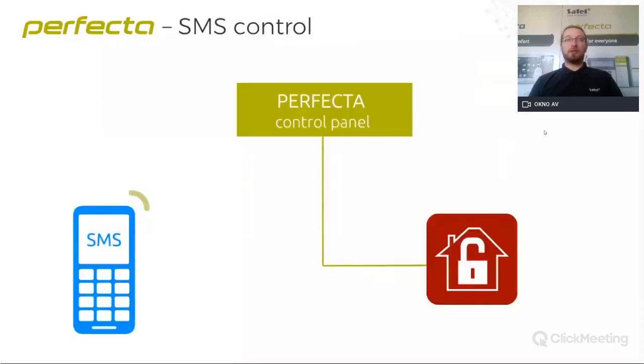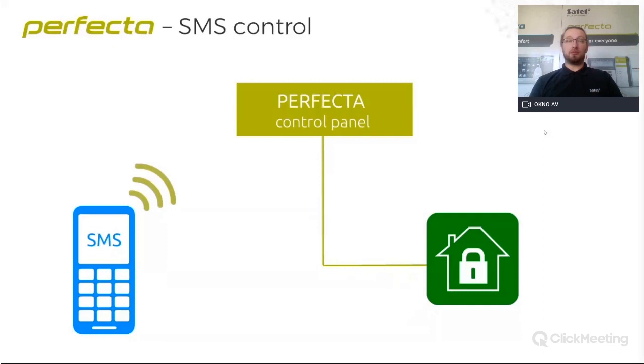Yep, I was talking about it. So Perfecta control, you can also control it by SMS. So if you are not using the mobile application or you want some kind of additional functionality, you can also use SMS. One of the cases of how to use it: you can connect the panel to the gate in front of your company, and then if someone sends an SMS with the password or with the command, they can open the gate remotely, even if they are not close to the panel.